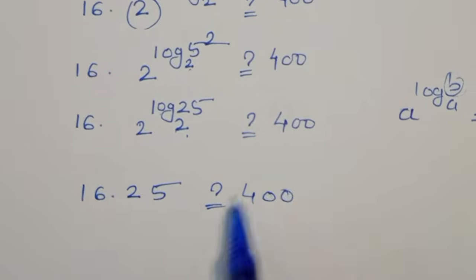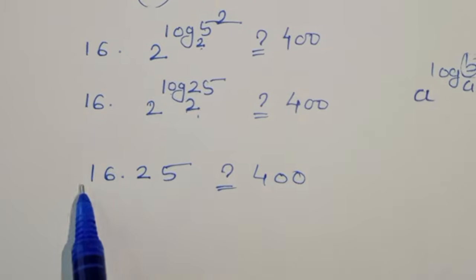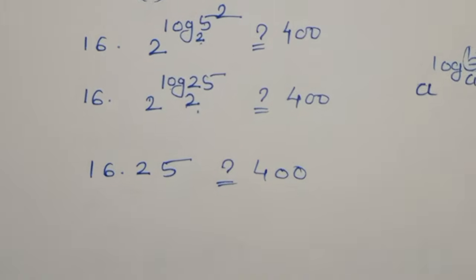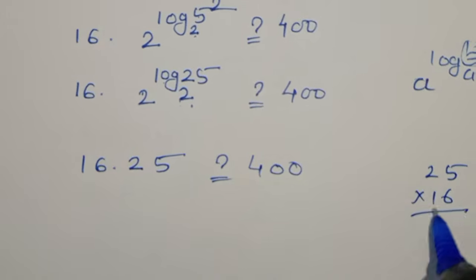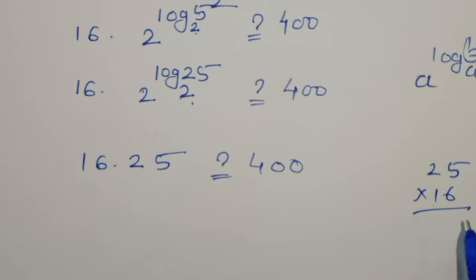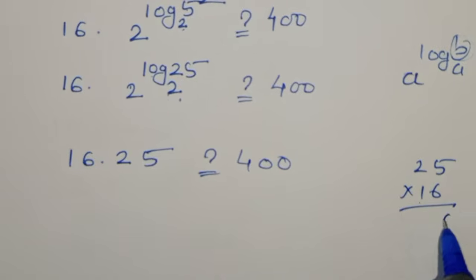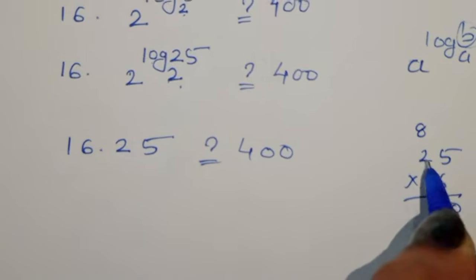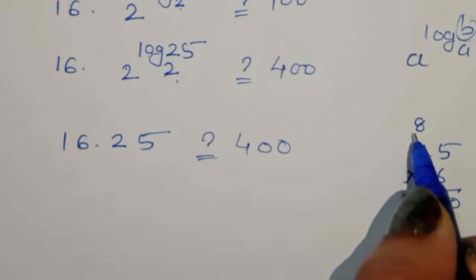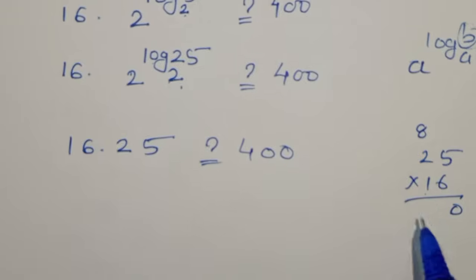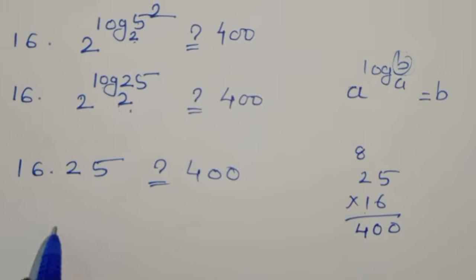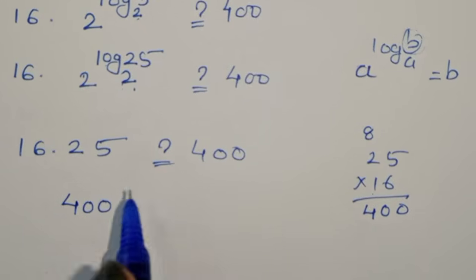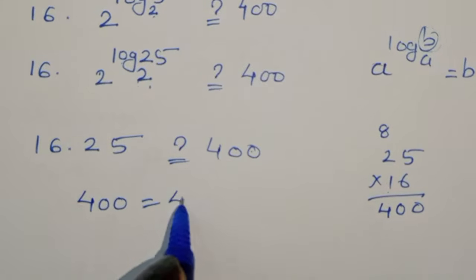Now we have to multiply this term. 25 times 16: 16 times 5 is 80, write 0 and carry 8; 16 times 2 is 32, plus 8 is 40. So 16 times 25 will become 400. 400 is equal to 400.